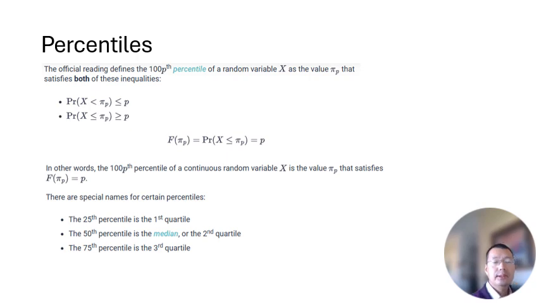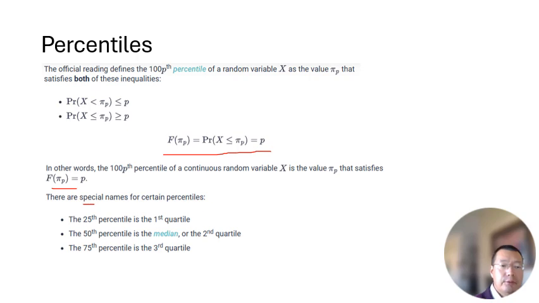So in this case, basically they are saying F of pi_p is just equal to p. In other words, the 100p-th percentile of a continuous random variable x is the value pi_p that satisfies F(pi_p) equal to p. And okay, then there are some special names for certain percentiles.